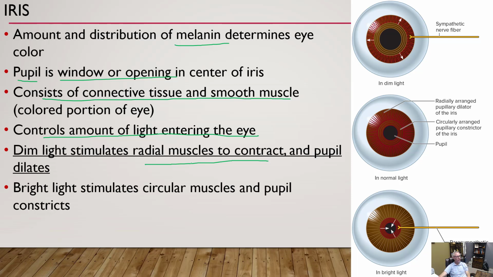If your radial muscles contract, your pupil will dilate. If your radial muscles relax, then your pupil will constrict.